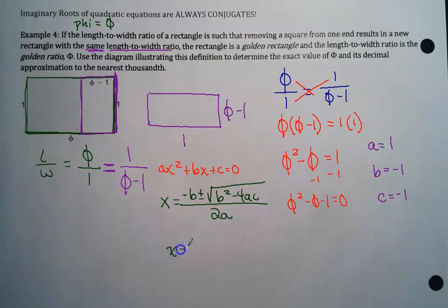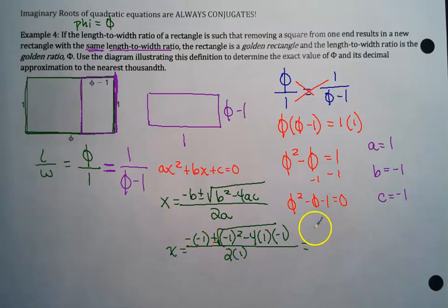All right, so our x is going to equal negative b. So negative b is negative 1 plus or minus the square root of negative 1 squared minus 4 times a, which is 1, times c, which is negative 1, all divided by 2a, which is 1. So negative times negative 1 is 1, plus or minus the square root.